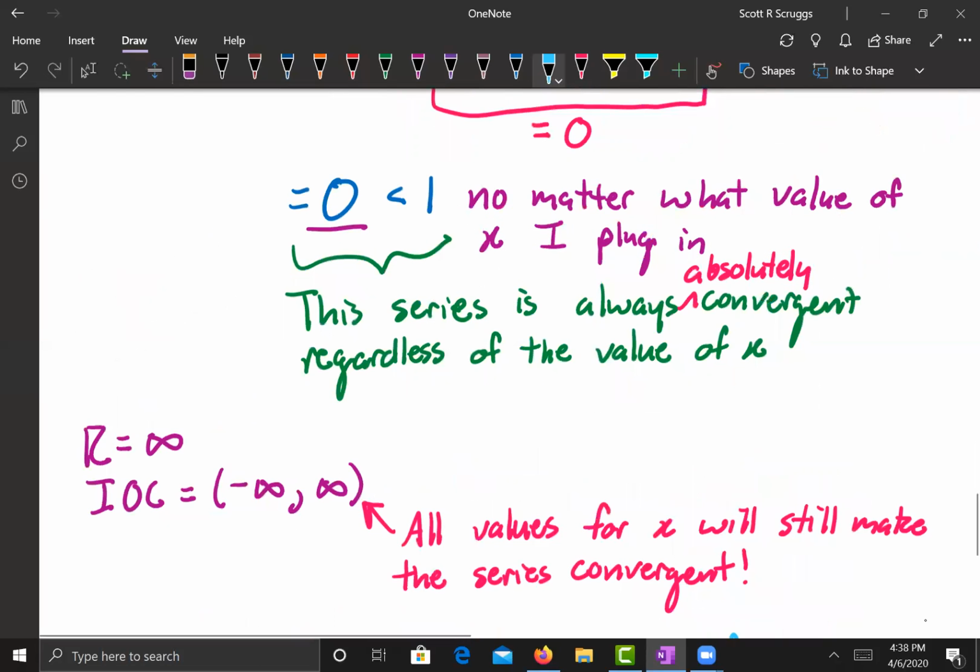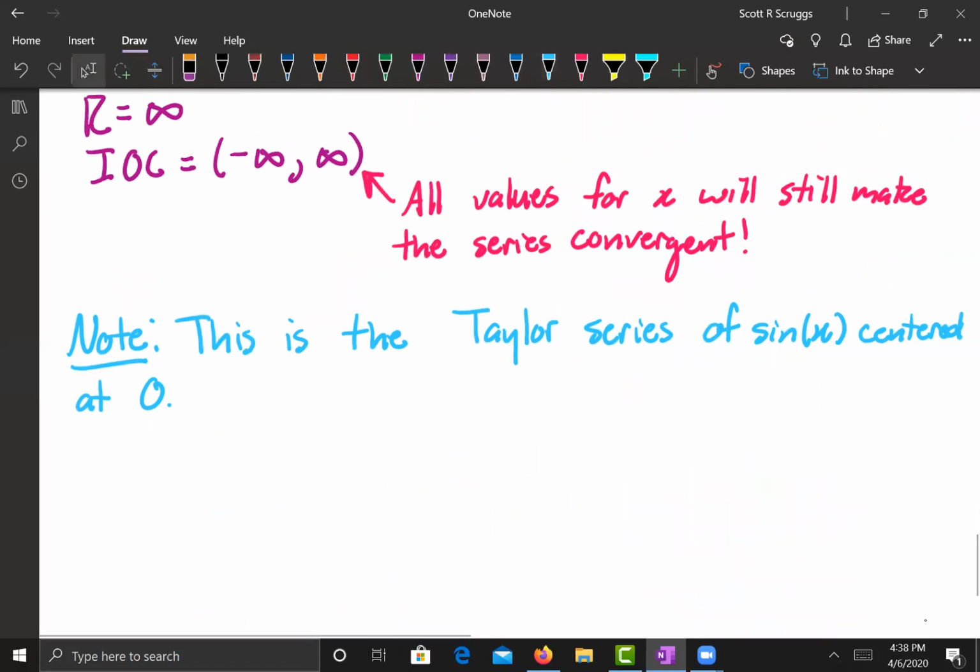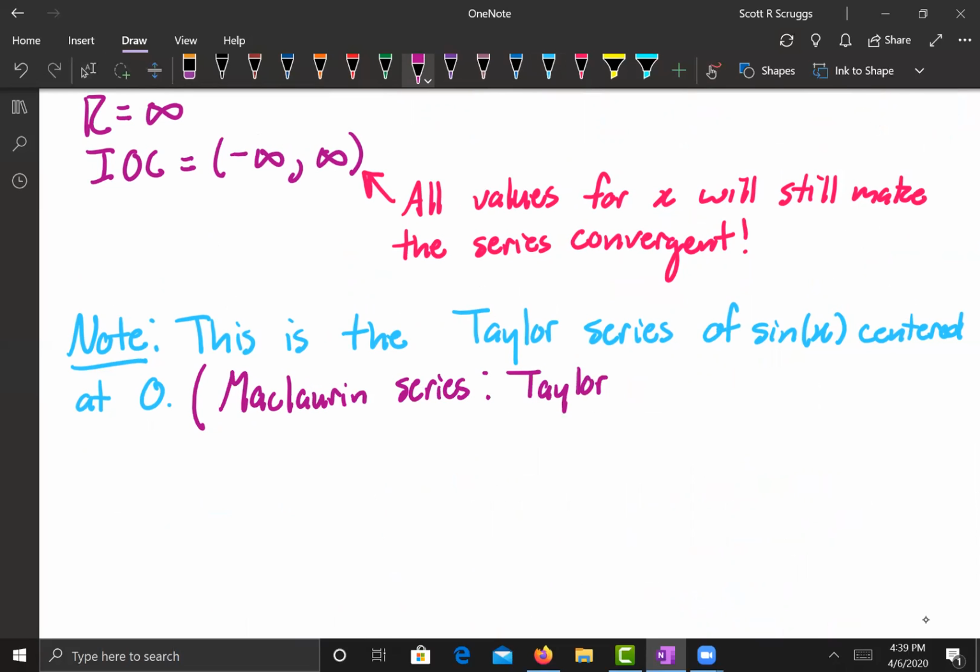And Anthony, yep. I say Maclaurin series and Taylor series are essentially the same because all the Maclaurin series is, is just a fancy name for a Taylor series centered at 0.